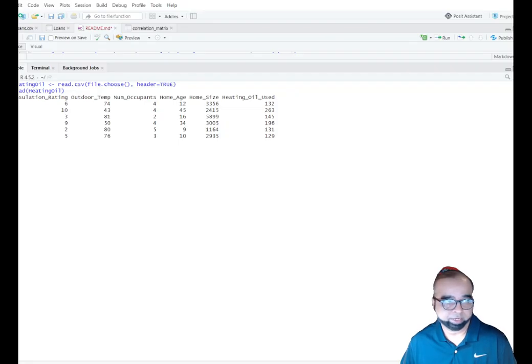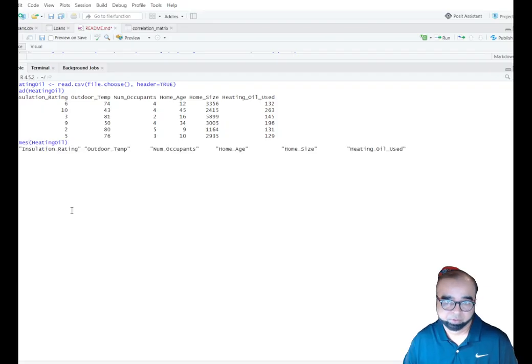And now I'm going to run the names command. So I reviewed the variables contained in the data set. These include heating oil usage, insulation rating, outdoor temperature, number of occupants, home age, and home size. Now I'm going to run the str command.